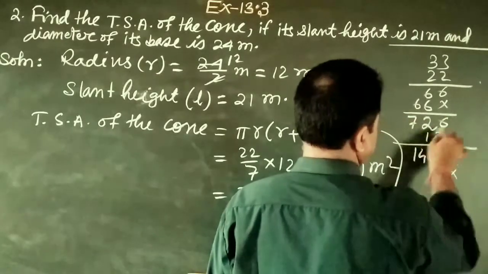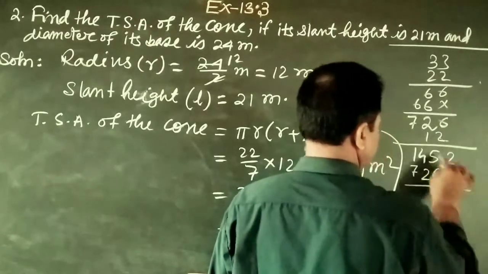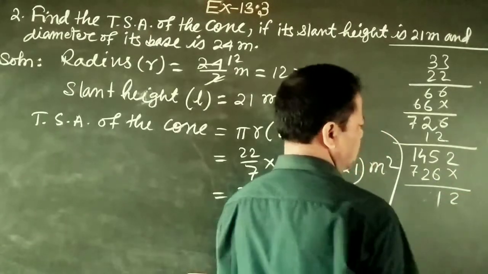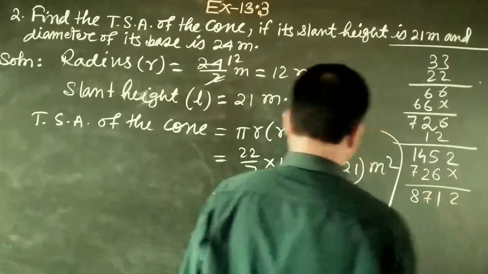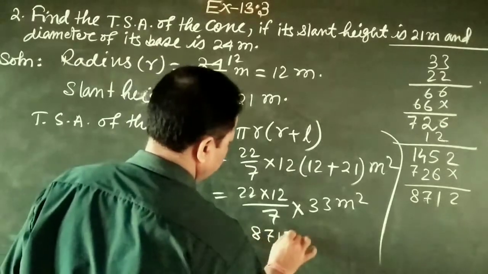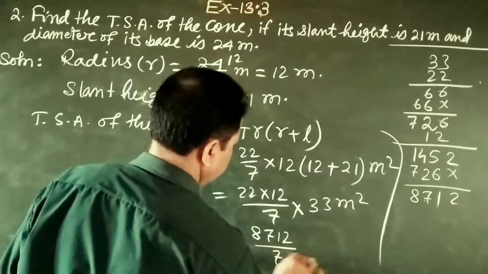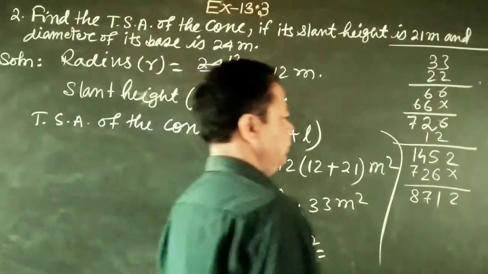And multiplying by 1, we get 726, and adding, we get 8712. So 8712 divided by 7 meter square. Now we need to divide it by 7.